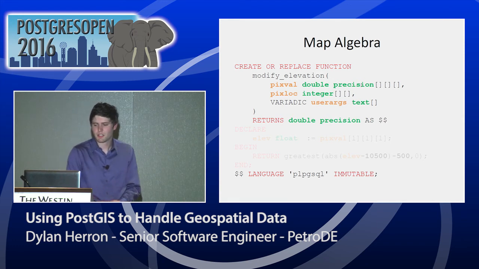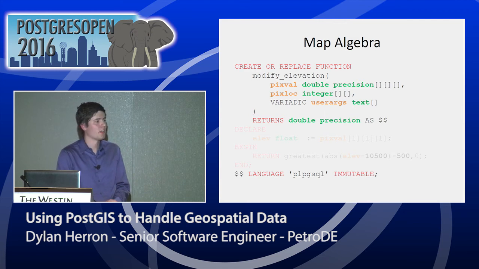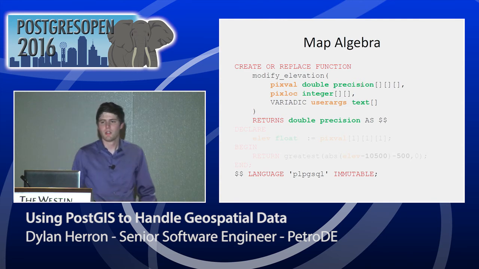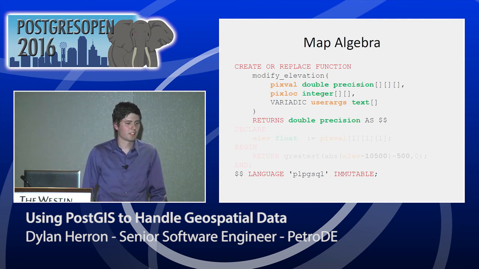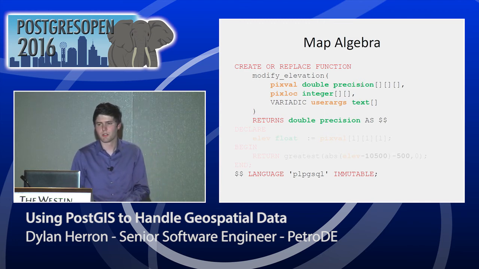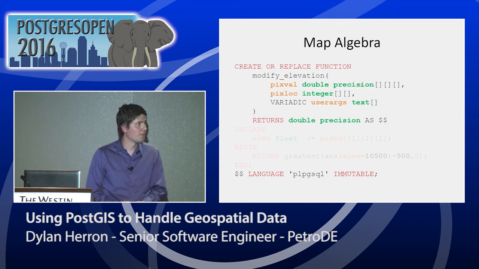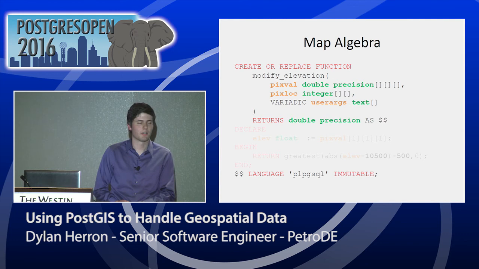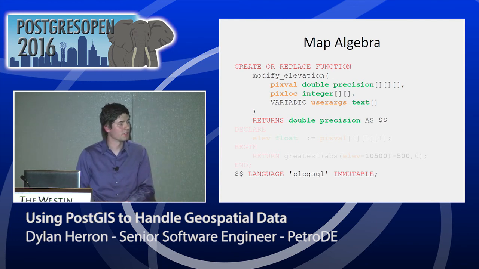Something to notice here is that pixel value is a three-dimensional array, which seems kind of strange because you're just requesting the one pixel. But ST_MapAlgebra doesn't limit you to just working with one raster. You can work with several different rasters at the same time and combine the results into one. That first dimension indexes into whichever of the rasters you're using.